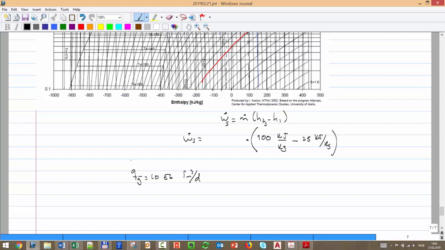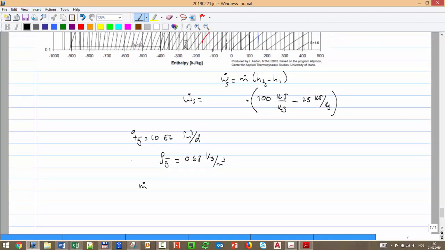I don't have the number, but I think the density of the gas at standard conditions was something like 0.68. Then you can find that the mass flow of gas is 10 times 0.68, and you want to convert it to the right units.